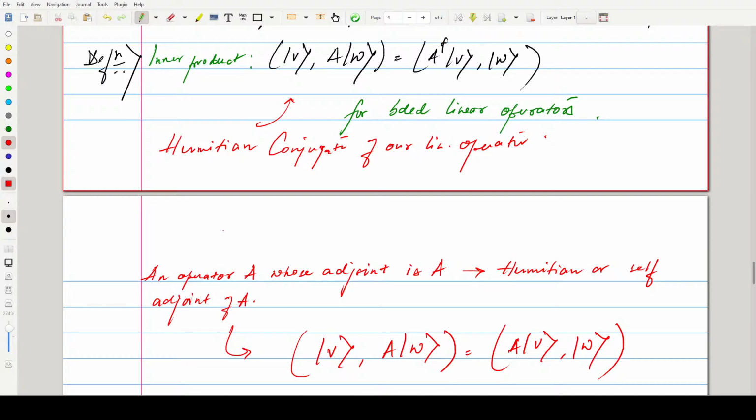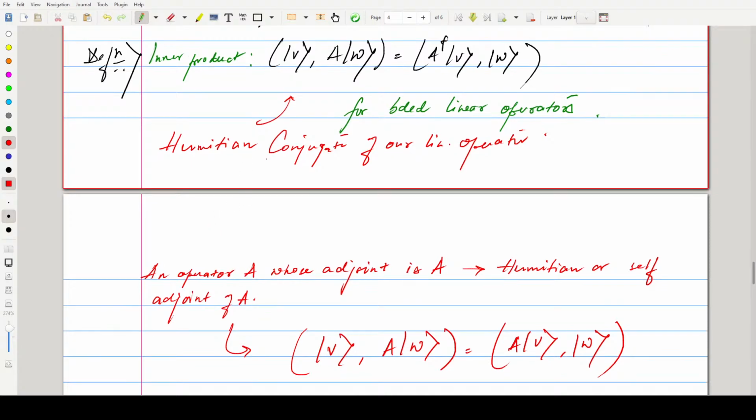Yeah, okay. So for these two, if we have the inner product of V and A operating on W, then this is equal to the dagger operation on A, applied to V, and W in this inner product.